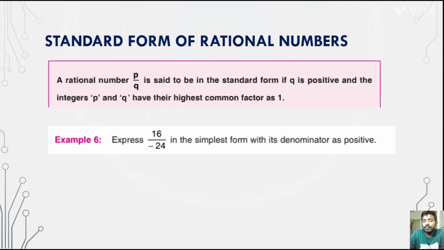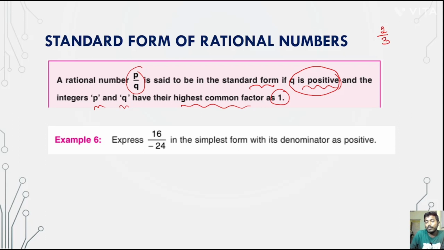Next, the standard form of a rational number. What is standard form? A rational number p by q is said to be in standard form if q is positive. The first concept is that q must be positive, meaning the denominator must be positive, and the integers p and q have highest common factor 1, meaning they cannot be divided further. For example 2 by 3 cannot be divided further. Suppose 4 by 6: if I divide by 2, I get 2 by 3, so this is the standard form.